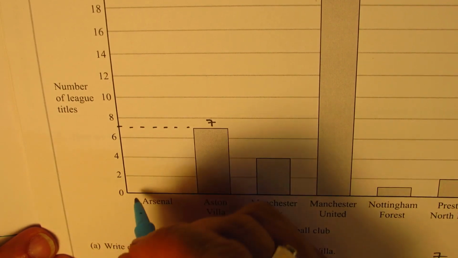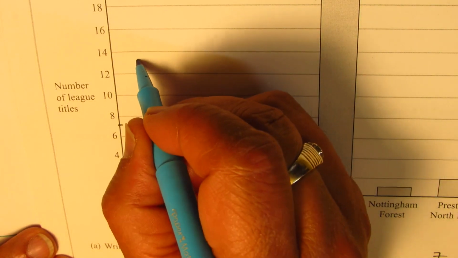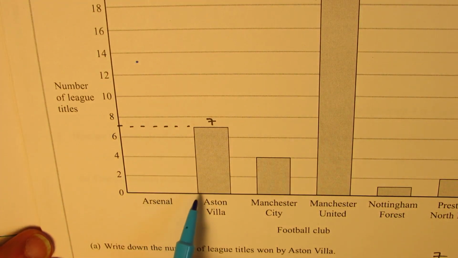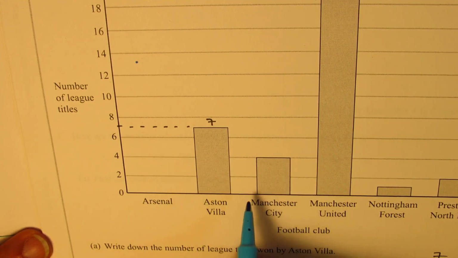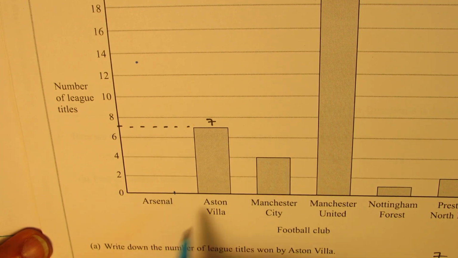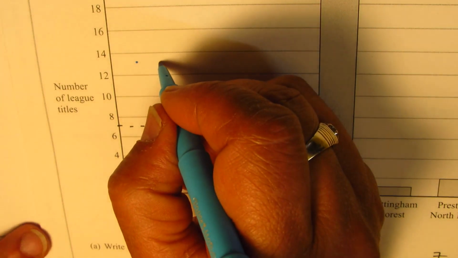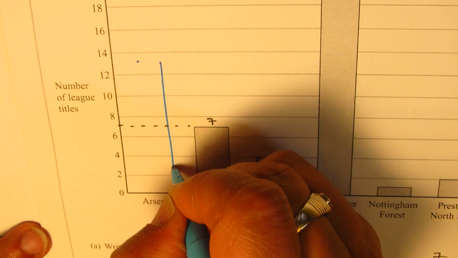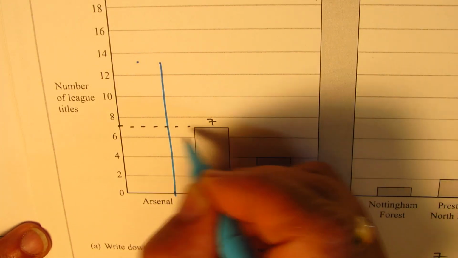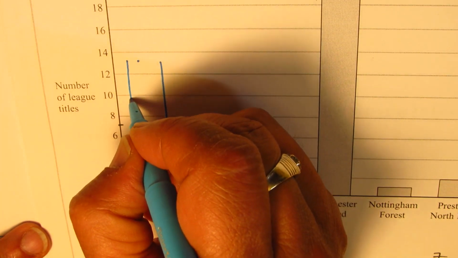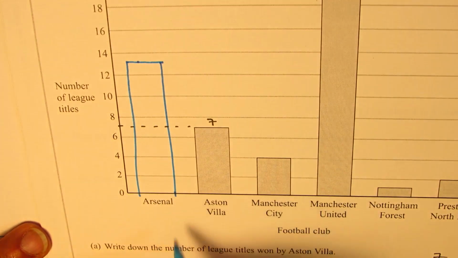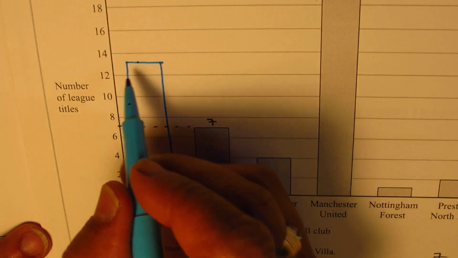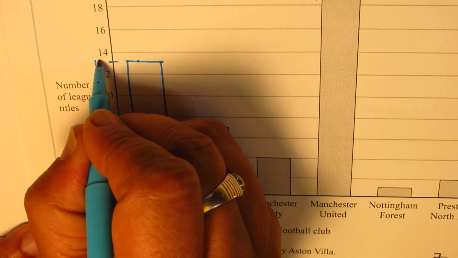So 13 is a point which is between 12 and 14, so somewhere here. Whenever we have to draw a bar graph, width should be the same. That is very important to understand. And this distance should also be the same, correct? So we mark like this and let's make a bar here on the right side, same width, use a scale, and that becomes the bar for Arsenal, and that says 13, right?